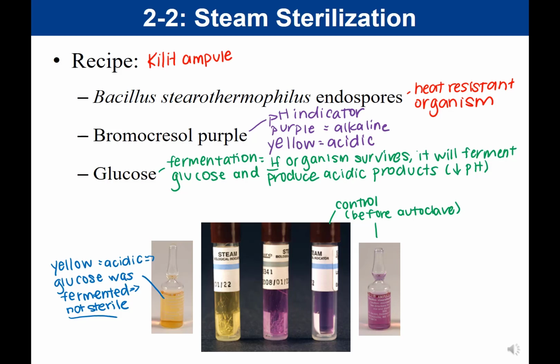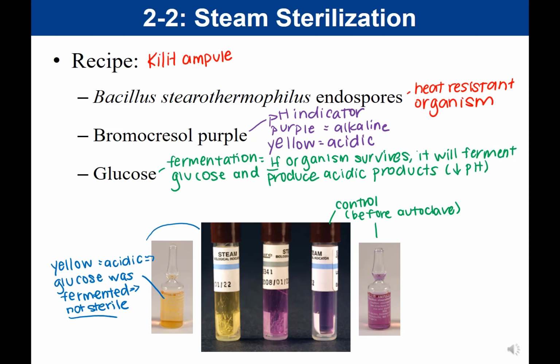So if at the end of this experiment you end up with an ampule that is yellow, either the glass one or the one in our book, it tells us that the pH is acidic. If it's acidic, it tells us that the glucose was fermented. And the only way that the glucose was fermented is if the organism was able to survive the autoclave.